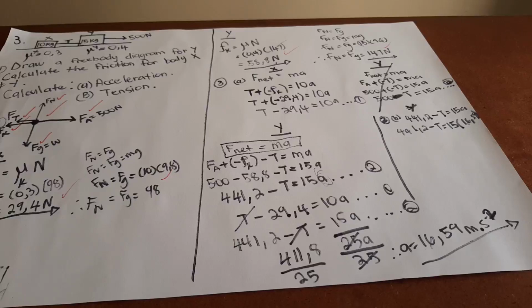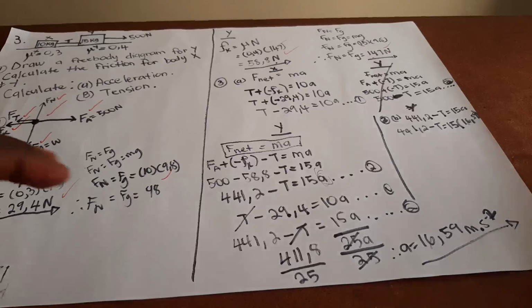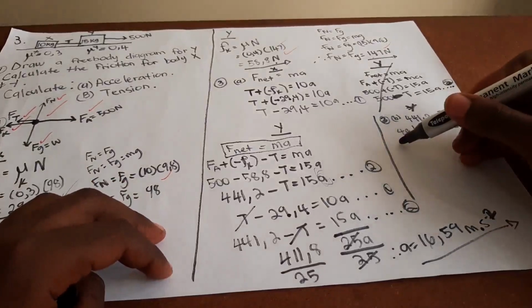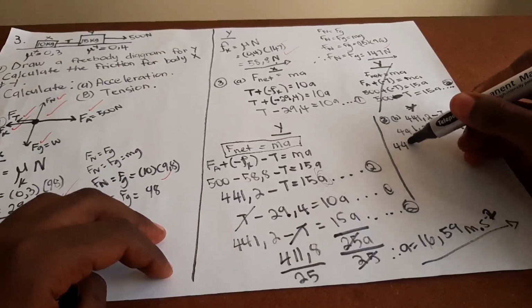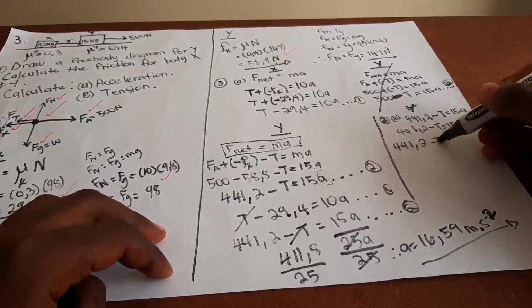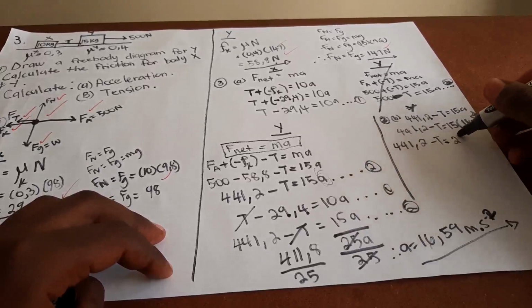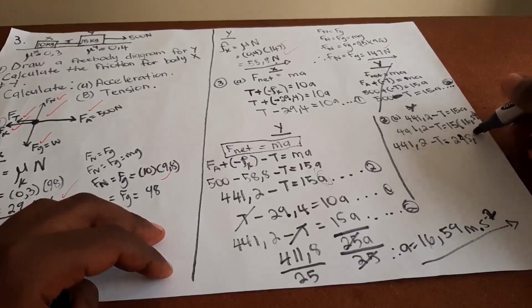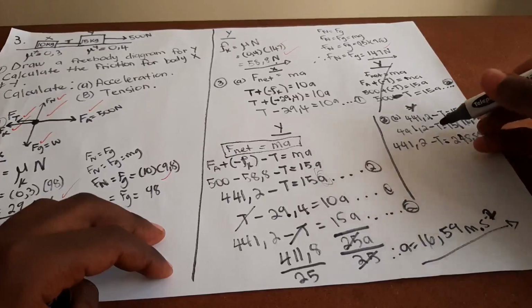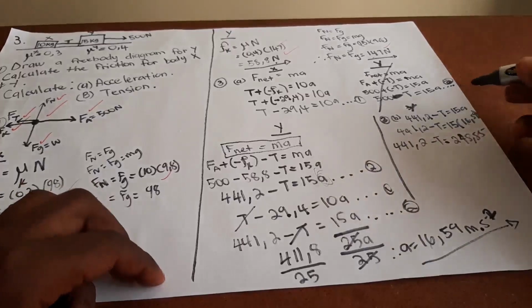So 15 multiplied by 16,59 becomes 248.85. So 441.2 minus T is equal to 248.85.